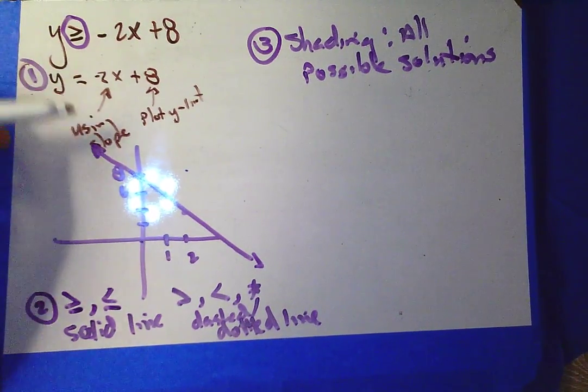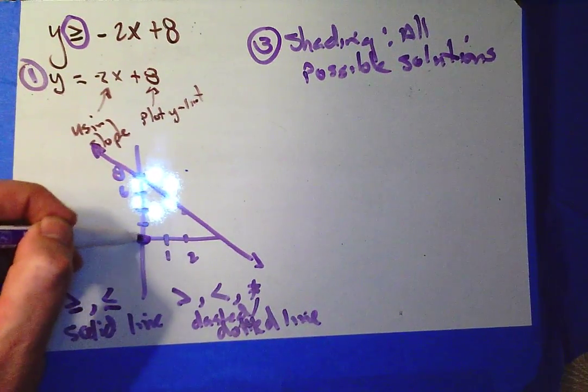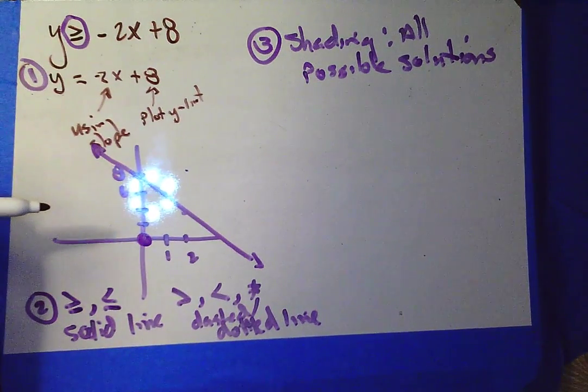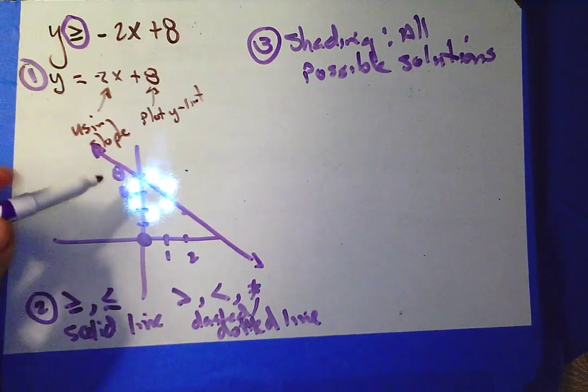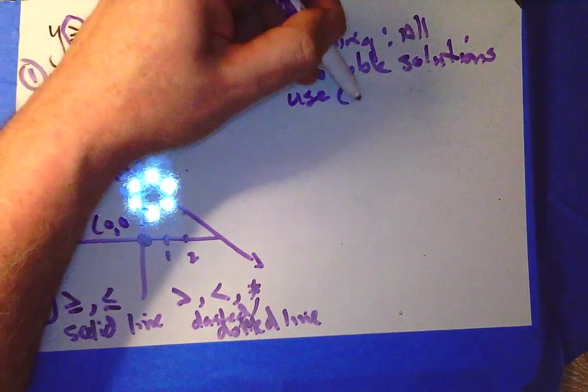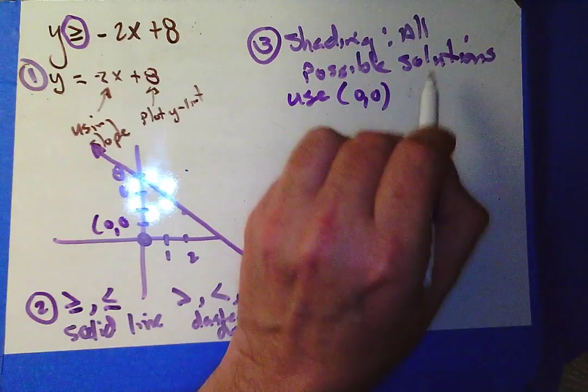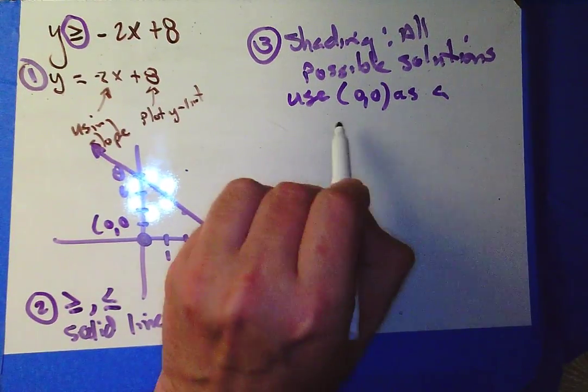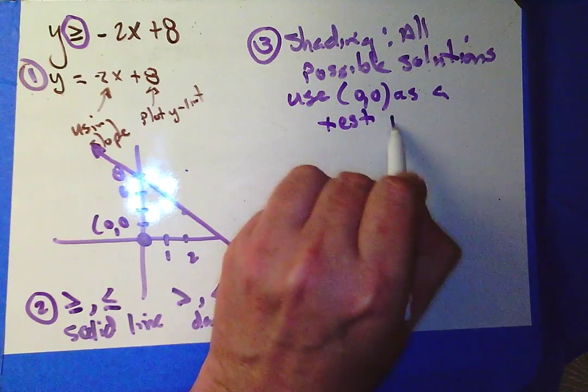I like testing a point, and I think an easy point to test is 0, 0. The only time I can't use 0, 0 as a test point is if the line passes through the point 0, 0. Here we don't pass through 0, 0, so I'm going to use 0, 0 as a test point.